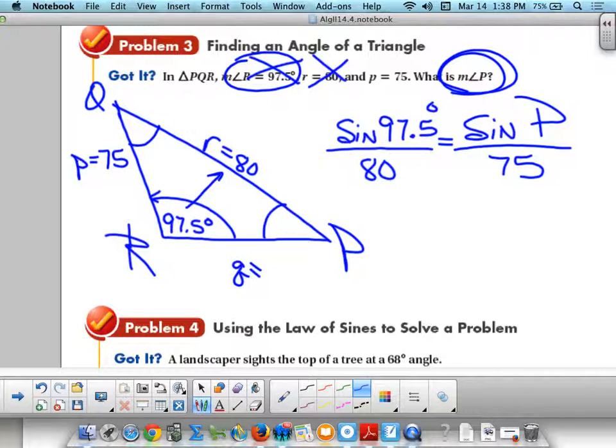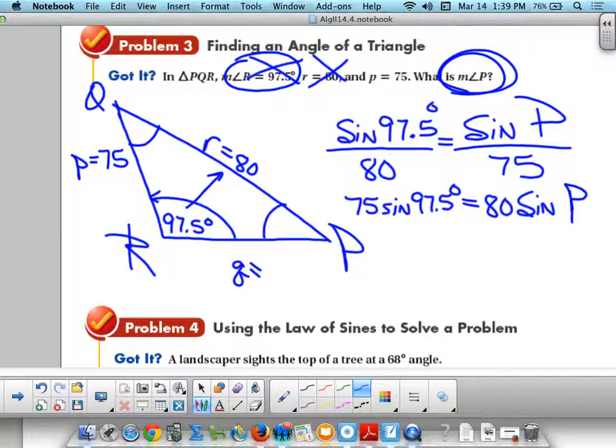Now what? Cross multiply. 75 times sine of 97.5 should equal 80 times sine of P. That's what you're looking for.